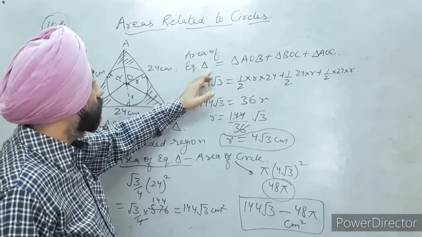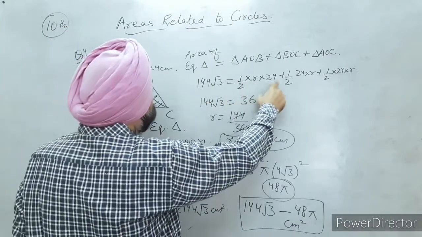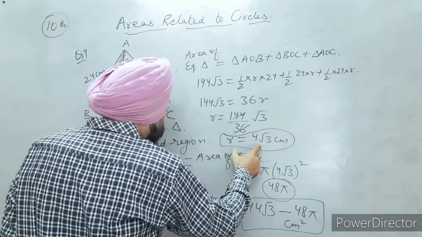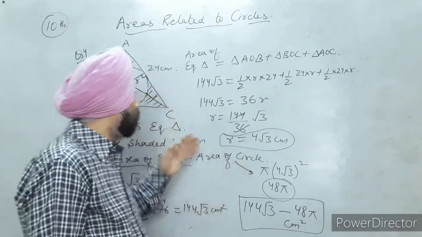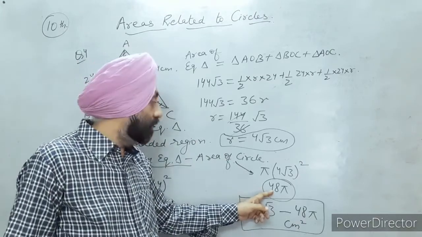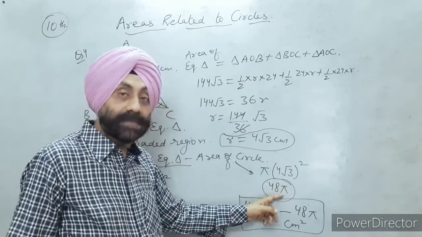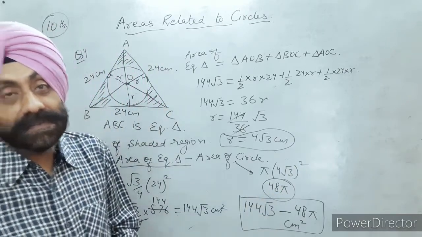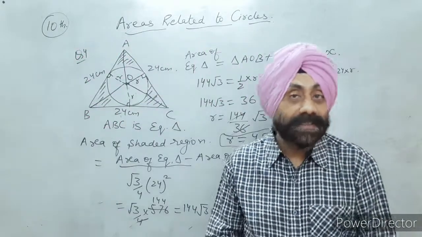The area of the equilateral triangle is made up of three triangles, half into base into height and so on. Once I get the radius, I calculate the area of the circle inscribed in the equilateral triangle. The radius is 4 root 3, so the area of the circle is pi radius square, that is 48 pi. Just subtract this area of the circle from the area of the equilateral triangle, we will get the required answer.